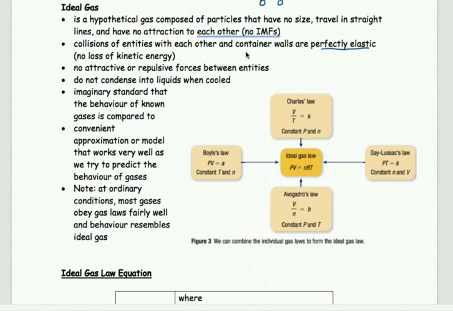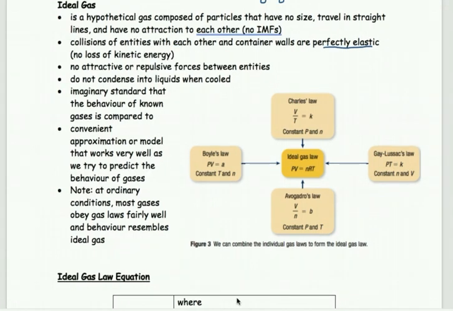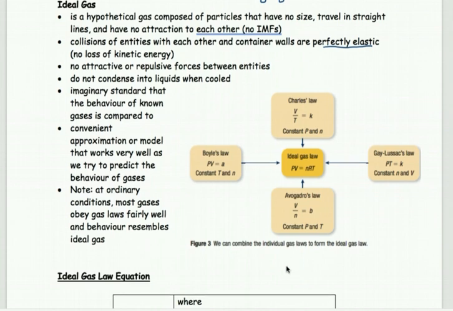So when we have a model like this, we can use it to predict what the real gases will actually do. Under ordinary conditions, most gases will obey these laws, and so they will resemble an ideal gas.